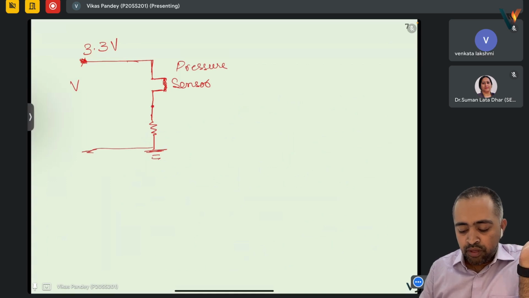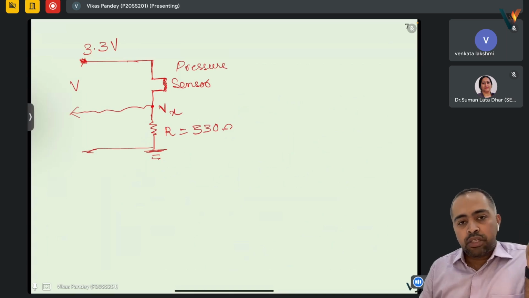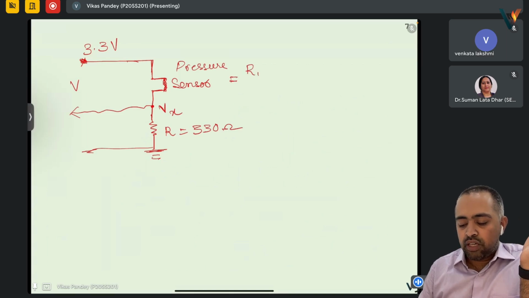We read this voltage Vx. Let's say I am putting 330 ohms, and the pressure sensor has an initial resistance, R initial, which we say was 100 ohms.